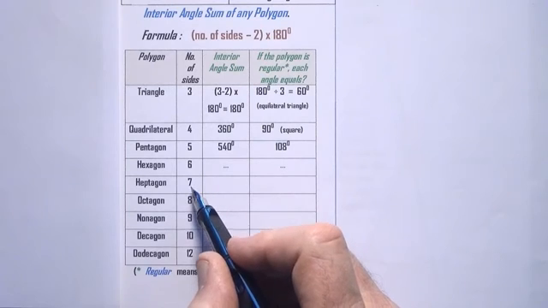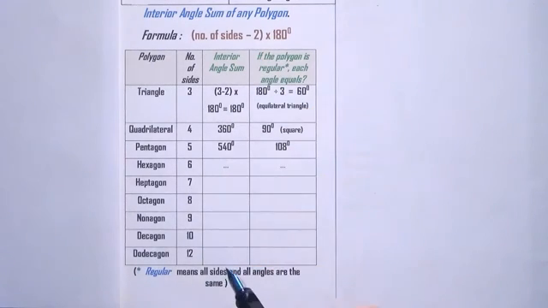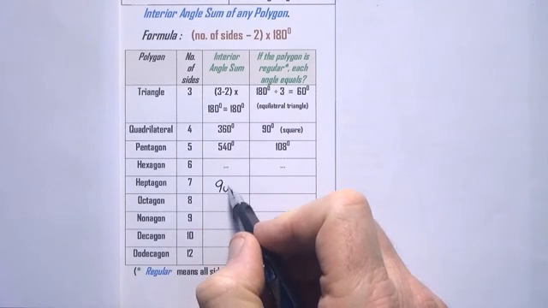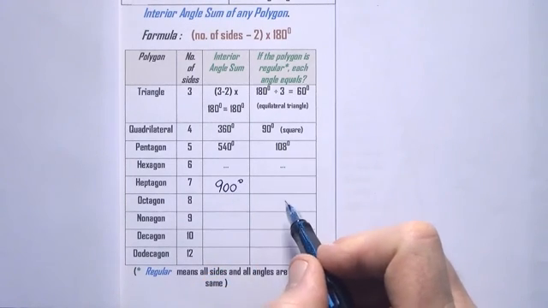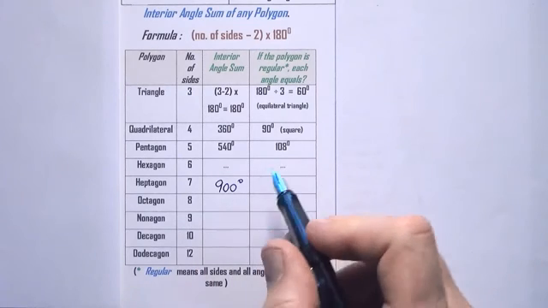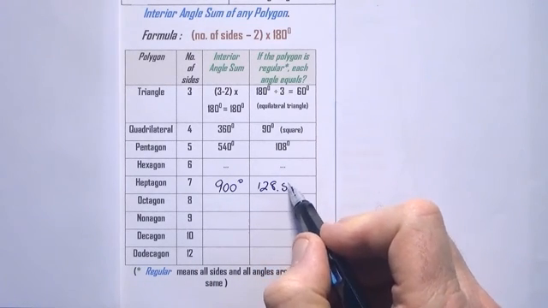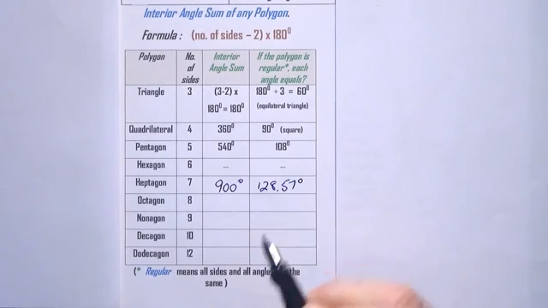So a heptagon has 7 sides. We put that in our formula. We get 5 times 180 is 900 degrees. If we divide this by 7, assuming it's a regular heptagon, we get 128.57 degrees.